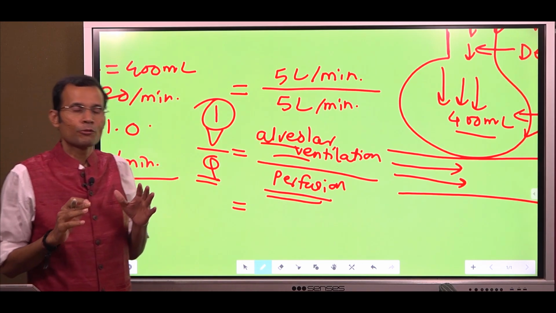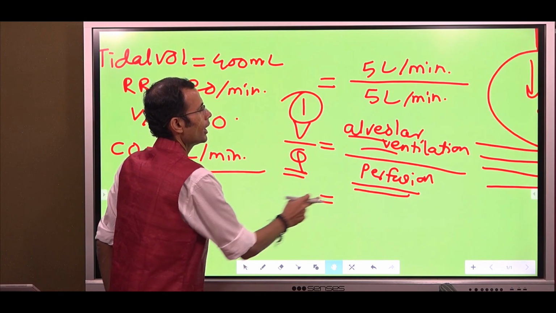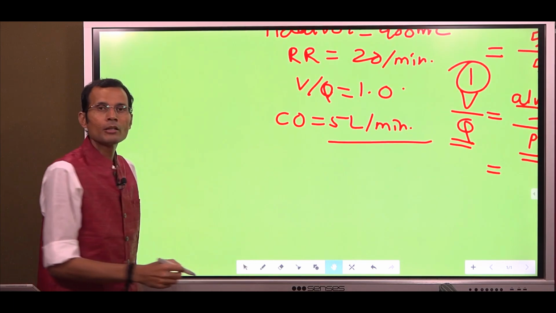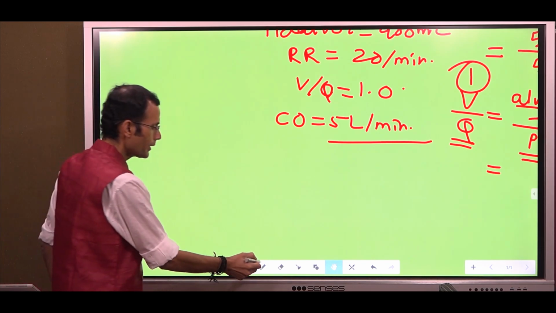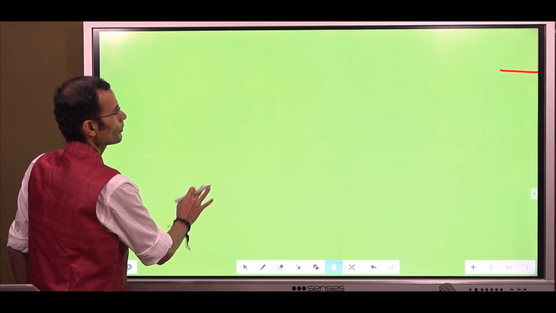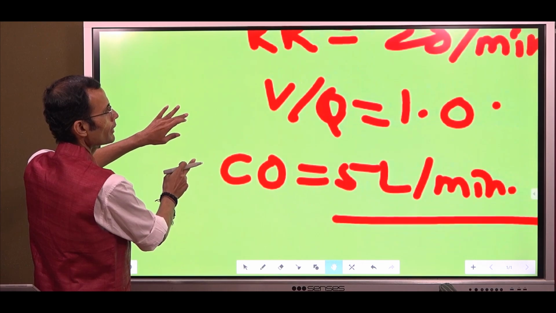That means from the given data we have derived one thing, and that is alveolar ventilation per minute is 5 liters. All right. Alveolar ventilation will be 5 liters per minute.